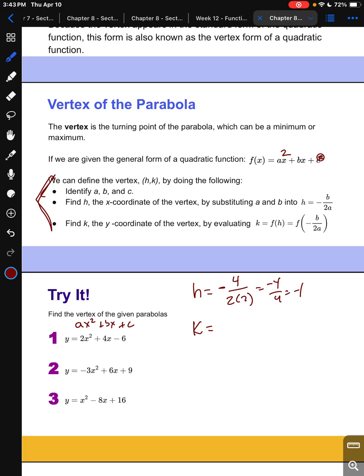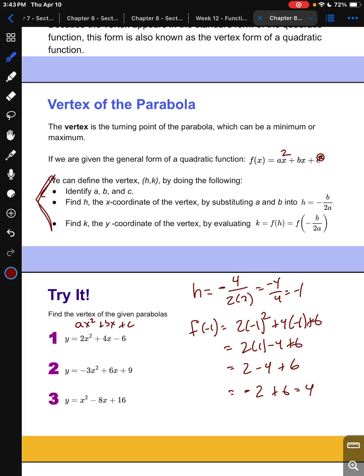So I'm going to take f of negative 1, and I'm going to plug that in. So my k is going to be equal to 4. So my vertex will be negative 1, 4.